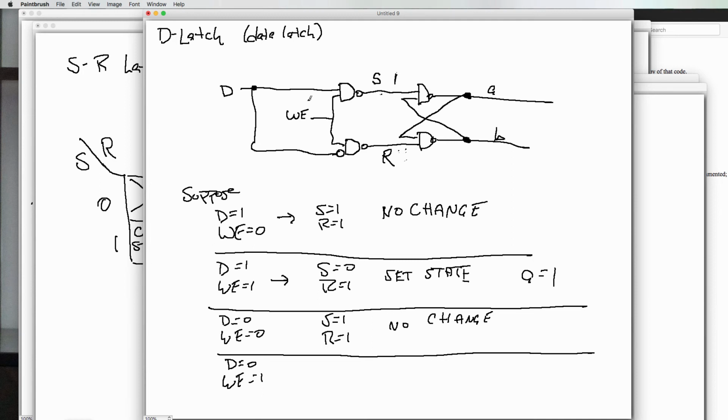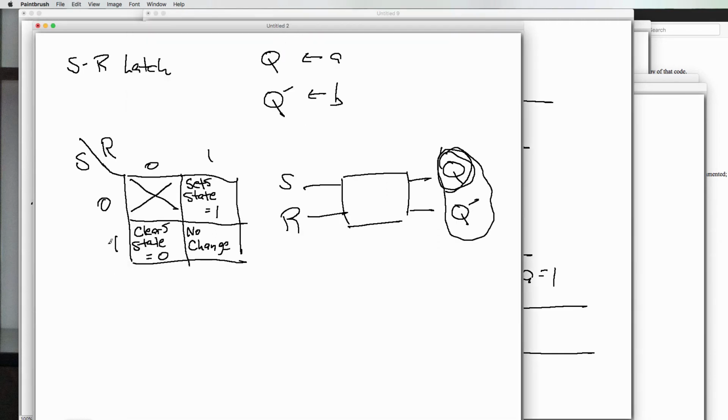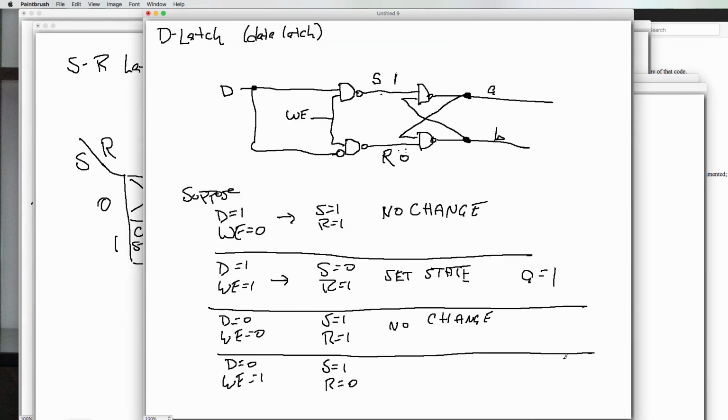And if I come over here, if D is 0, there's a 1 going in there, and there's a 1 going in there. That's going to make this a 0. So now I have S equal to 1 and R equal to 0. And when S is equal to 1 and R is equal to 0, that's clearing the state, which means A is equal to 0.